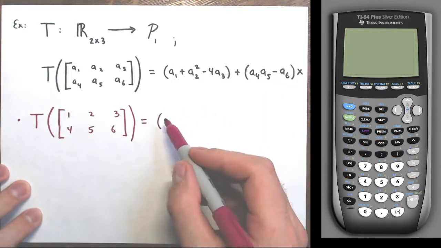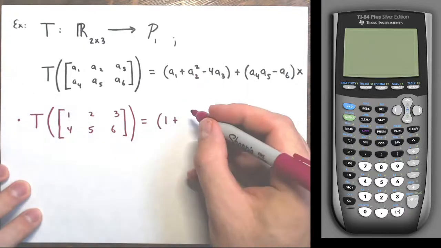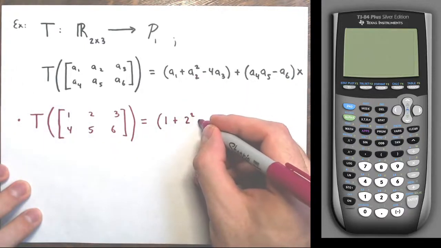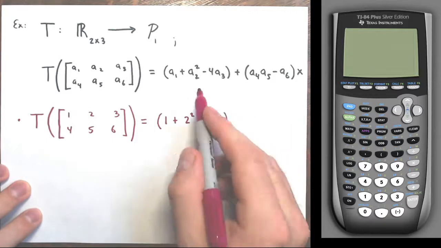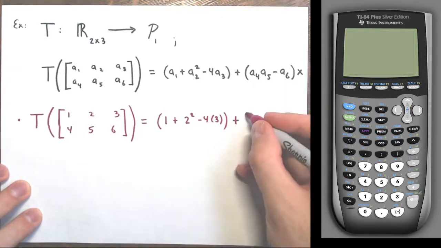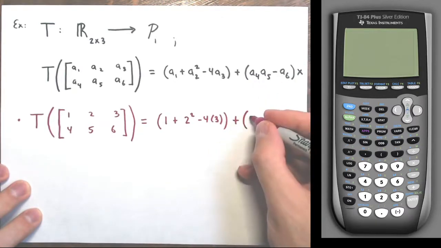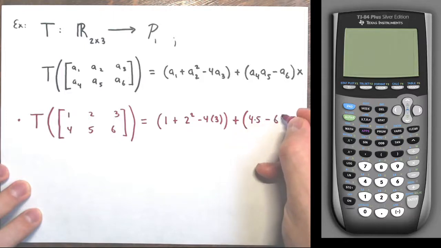So the output is A1, which is 1, plus A2 squared, so 2 squared, minus 4 times A3, so minus 4 times 3. There's the constant term. Plus, and then the coefficient of x is A4 times A5, 4 times 5, minus A6, which is 6, and then times x.